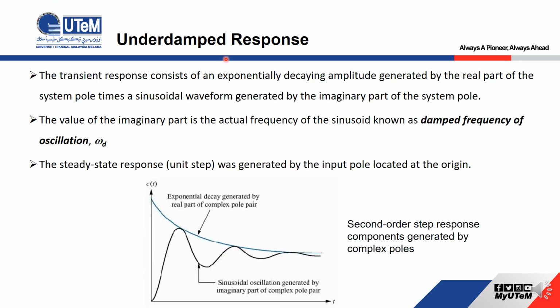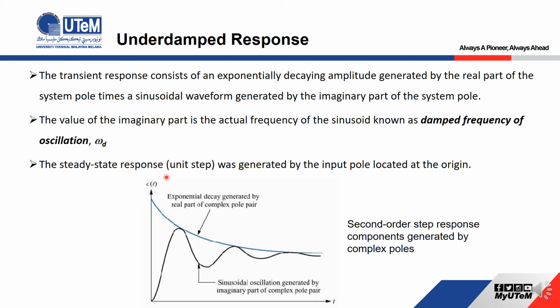As you can see from the response of the underdamped case, the transient response consists of an exponentially decaying amplitude generated by the real part of the system pole times a sinusoidal waveform generated by the imaginary part of the system pole. The value of the imaginary part is the actual frequency of the sinusoid, known as the damped frequency of oscillation, omega d.